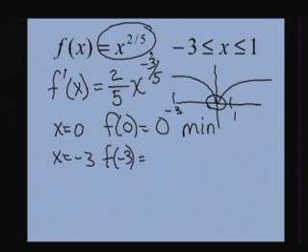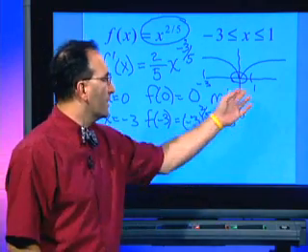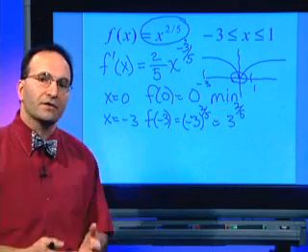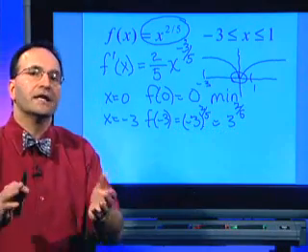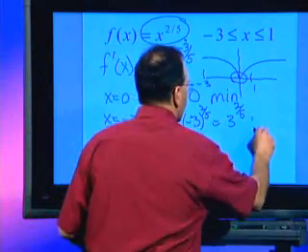That's equal to -3 raised to the 2/5 power, which works out to be the same as 3 raised to the 2/5 power. So of course, if we compare that to the 1 without actually even putting the 1 into the function, we'll see that this 3 raised to the 2/5 power is going to be our maximum point.